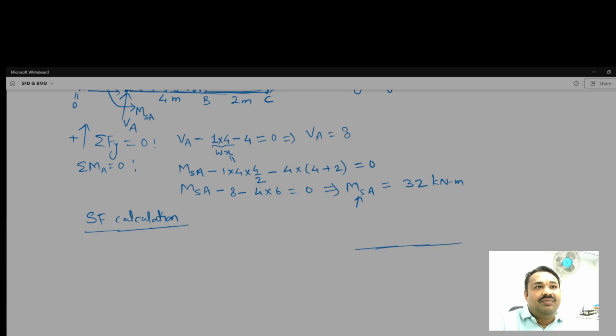Suppose this is a beam A, B, and we cut it, imaginary cut XX, and from XX the end A is X distance, suppose, and reactions at the ends. So this is RA, RB, and RA. So left side, we're talking about left side.